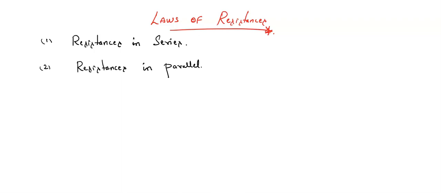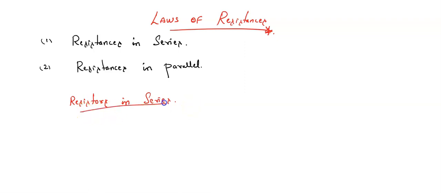Now first let me discuss when the resistances are in series. Resistances in series are also called resistors in series. Both are one and the same, you should not forget it.